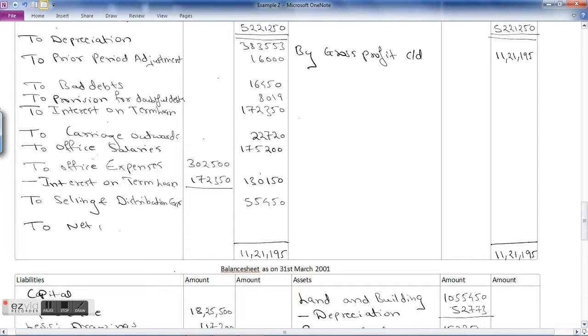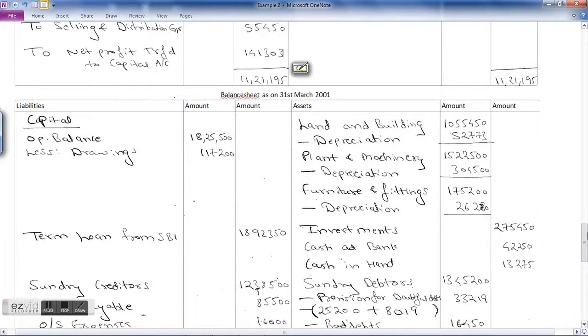So net profit transferred to capital account comes to 1,41,303. So now let's go to the balance sheet.